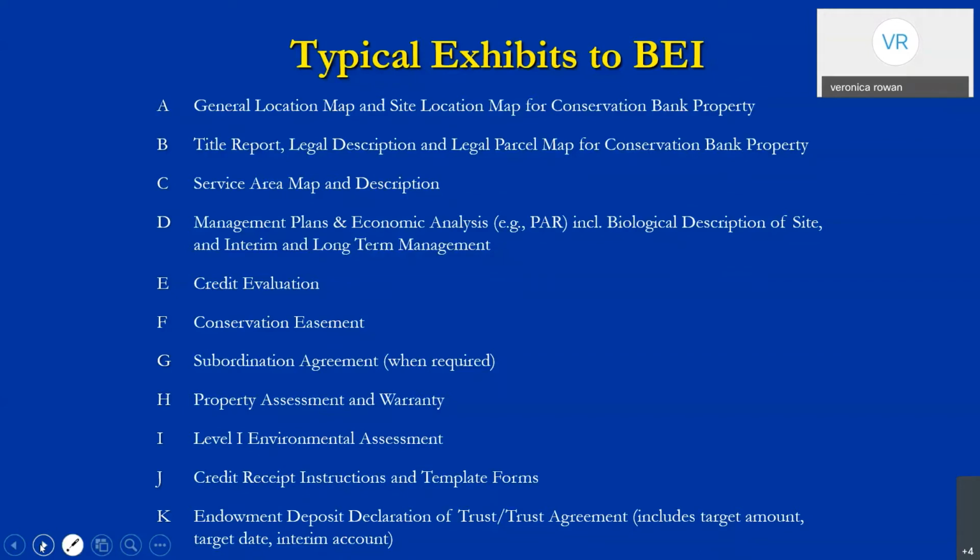One of the other things that I wanted to point out is something called a subordination agreement. This is generally required when you have encumbrances on the property that you don't want to take priority over the conservation easement that is going to be recorded later in time.